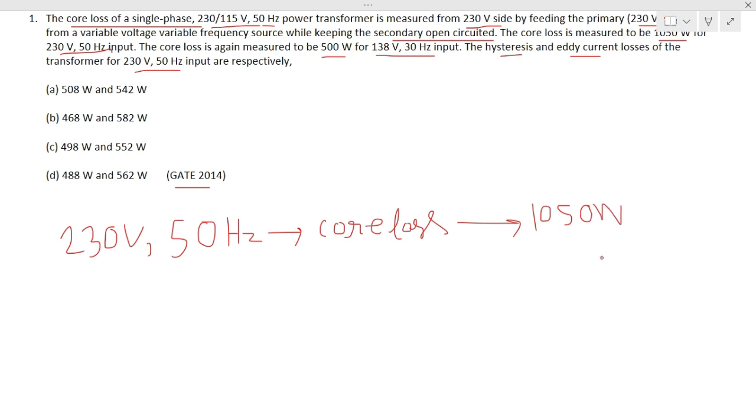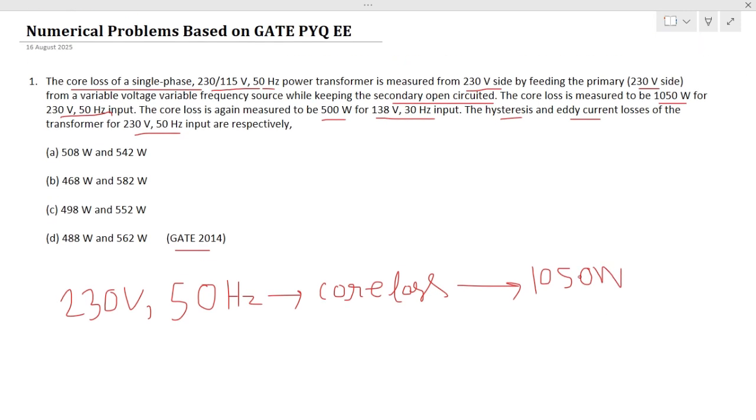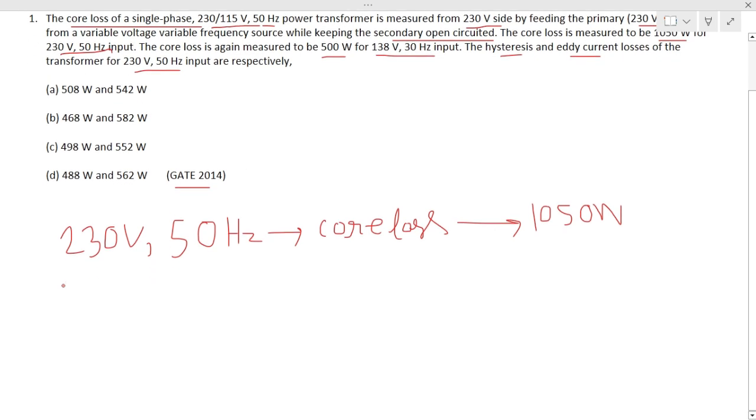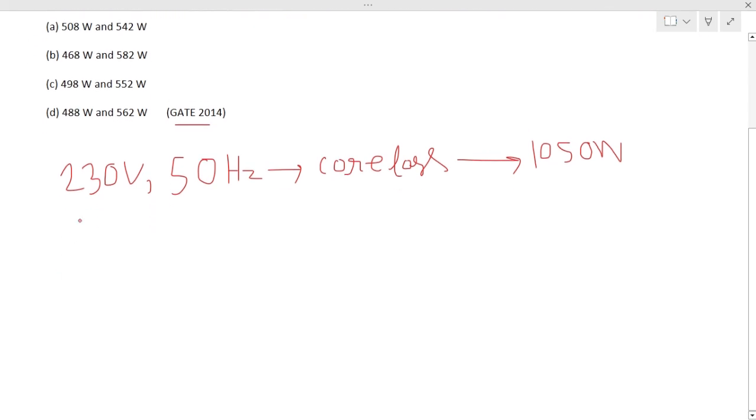For solving this type of question, the approach you should follow is to understand what the question asks and what the given data is. From the given data, you can easily find the required outputs.